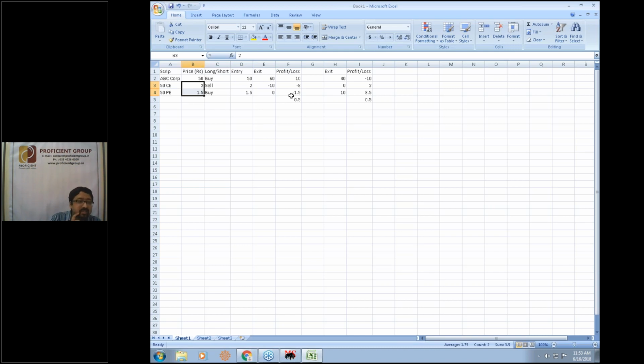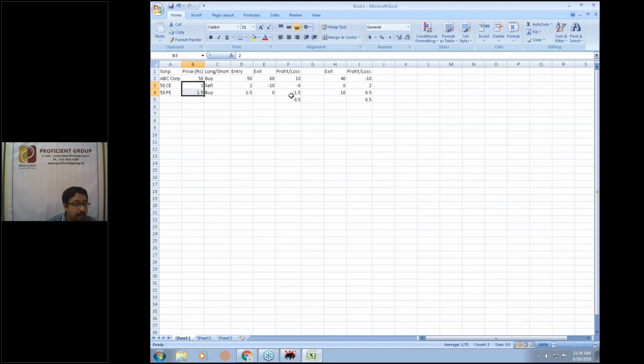So if there is a big difference in the at-the-money strike call and put, that will give us a riskless profit opportunity. And if that be the case, then arbitrageurs will step in, and they will take opportunity of this situation. That means they will take this kind of trade and they will lock in their profit.